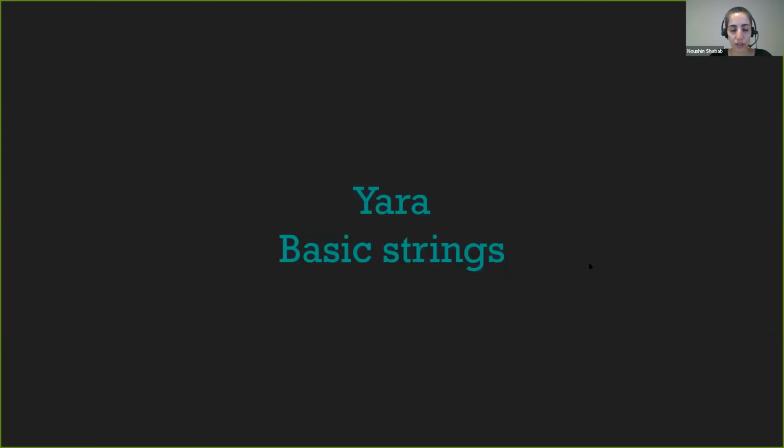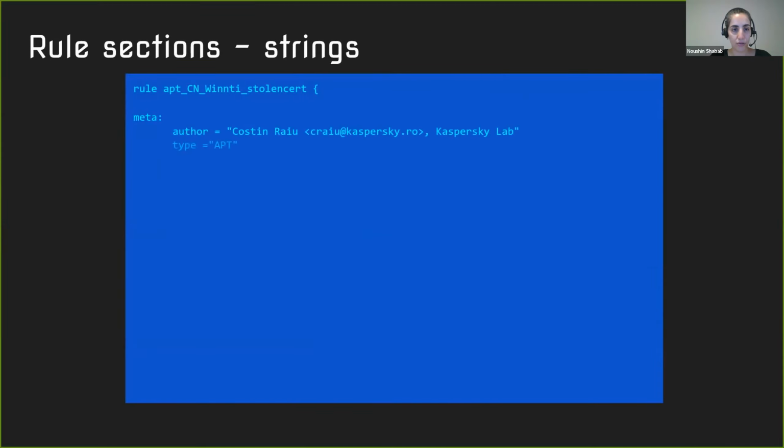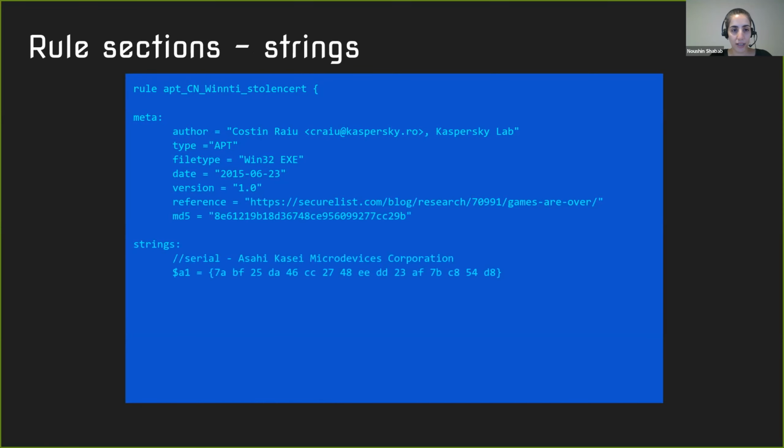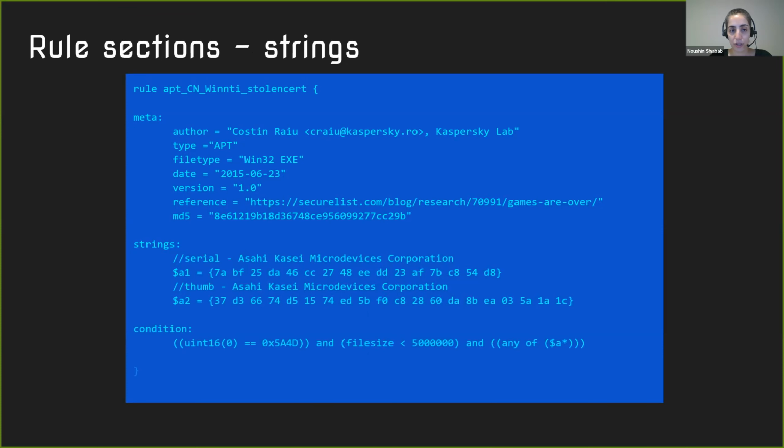So today I want to continue with talking about strings and options that you have for string matching in YARA rules. If you remember this YARA rule from yesterday, we talked about the meta section and different fields that are recommended by researchers to add in the meta section.